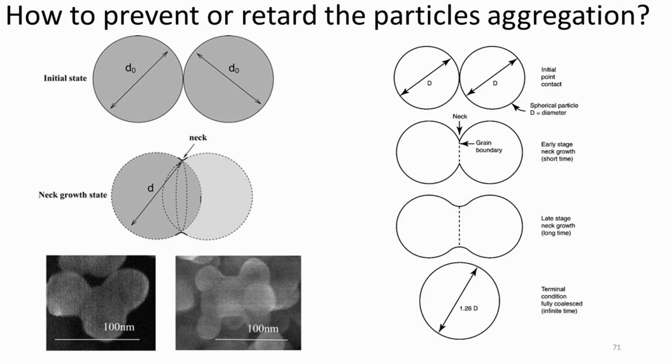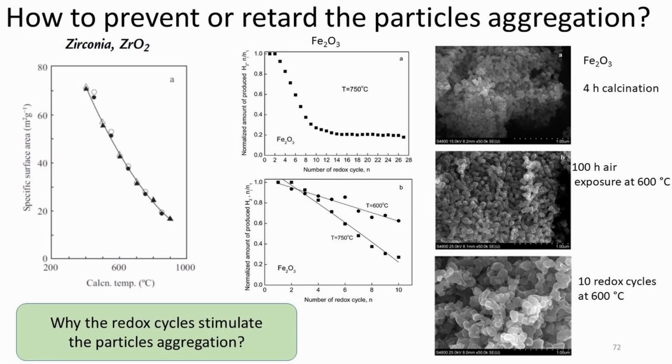You have to remember that this agglomeration of the particles will be particularly important if the temperature is near the Tamman temperature. Tamman temperature is the temperature at which atoms of the solid become mobile. The agglomeration process is known as sintering.